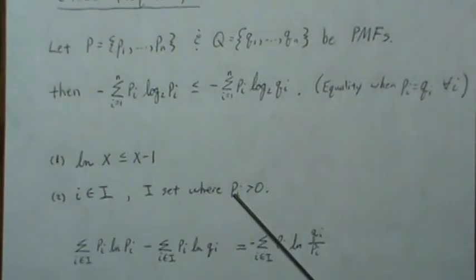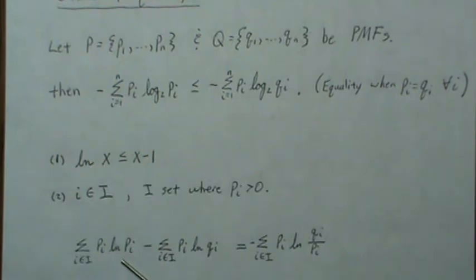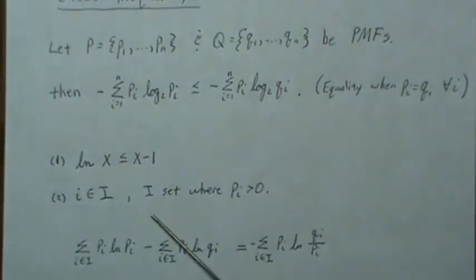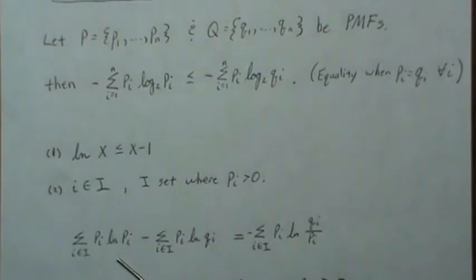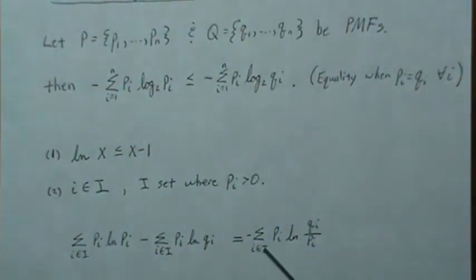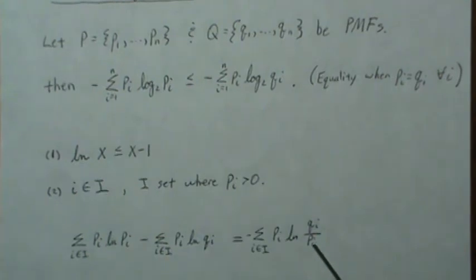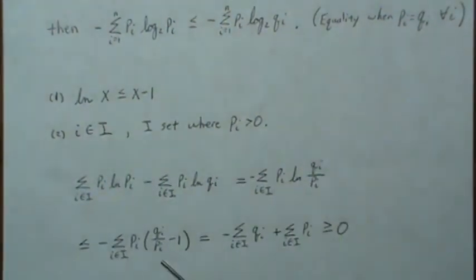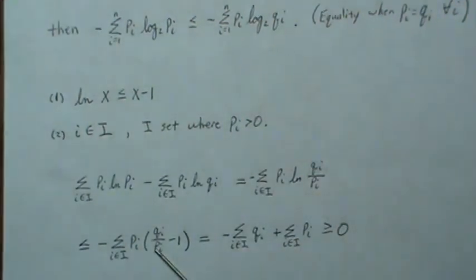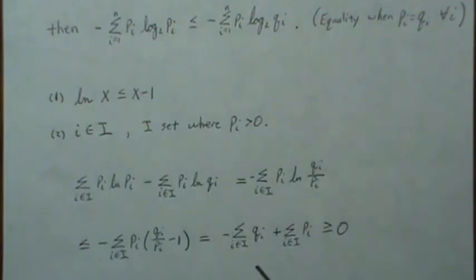Okay, so then we take this quantity, which is very close to our inequality that we want to show, is equal to this. So this is the log of a quotient, is the subtraction of those. Then, because of our step one here, this inequality, we can plug it using this, we get this, it's less than or equal to this. But then when you multiply the p in, we get this inequality.